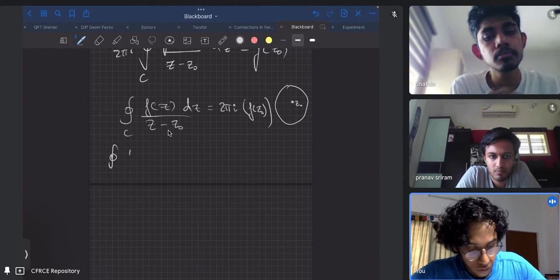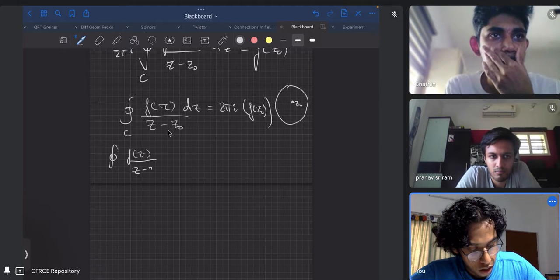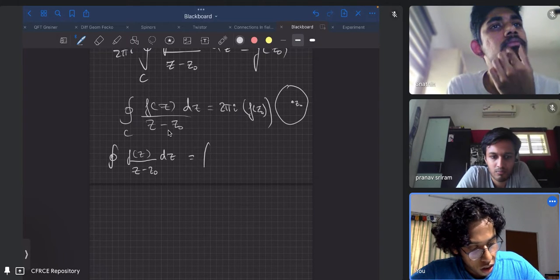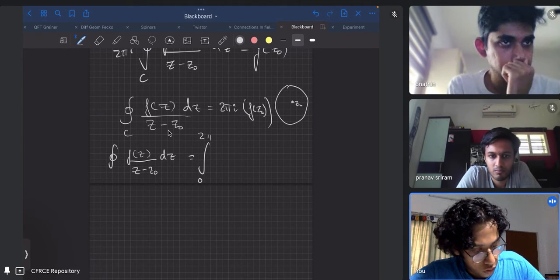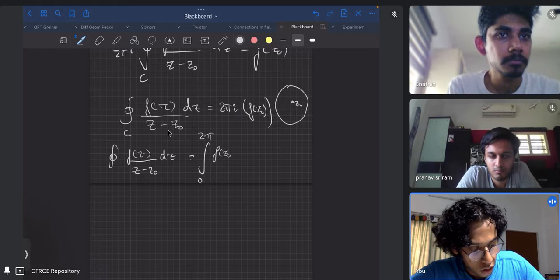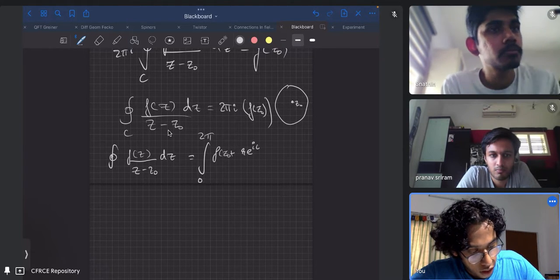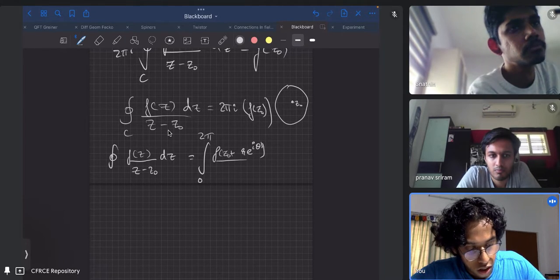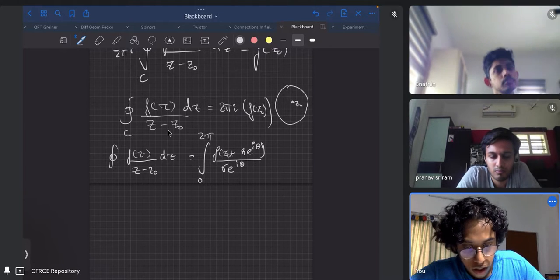The integral of f of z by z minus z naught dz is equal to the integral from 0 to 2 pi of f of z naught plus r e to the power of i theta, divided by r e to the power of i theta.